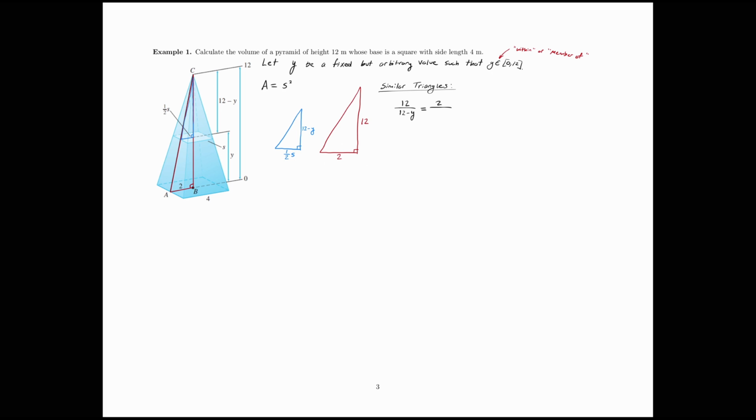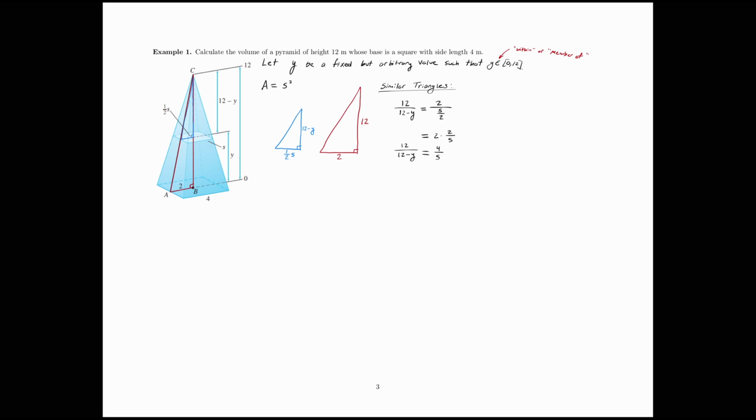And I will write 1/2 s as just s over 2, because then we know that division by a fraction is multiplication by the reciprocal. So that boils down to 4 over s. So we have 12 over 12 minus y equals 4 over s.